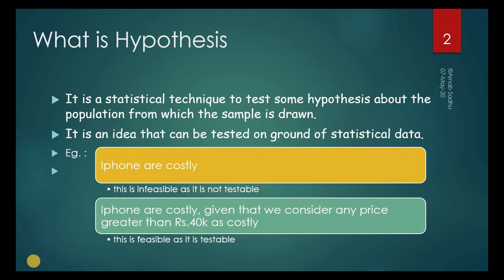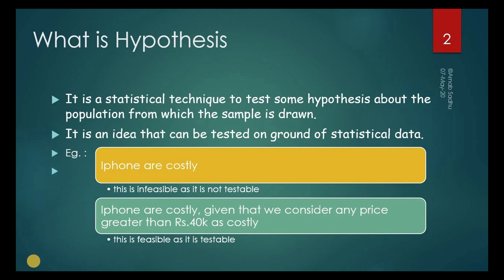So this is a statement that you are likely to check by taking some iPhone out of the market, and then you can check whether this statement is right or wrong. But you have to have some ground statistical data before testing any statement.